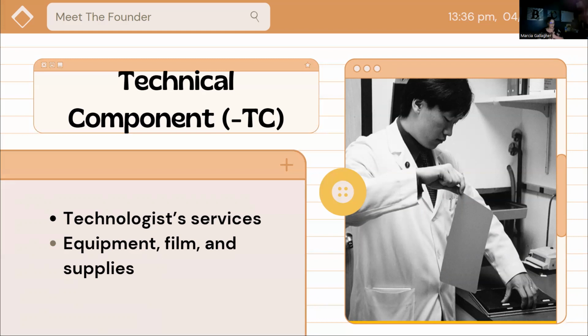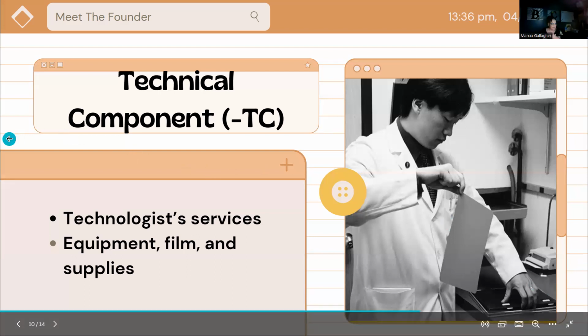So they're using their equipment, their film, and their supplies. The technologist does this, the radiologist. He then compiles all of that information into a report and sends it back to the physician. The physician is going to read and interpret what he sent.